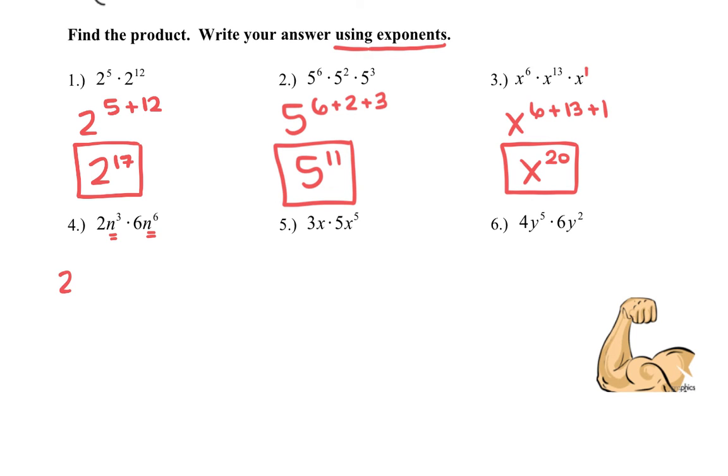So I am allowed to multiply the 2 and the 6, and then it is n to the 3 plus 6th power because I add the exponents. So this final answer would be 12n to the 9th power. Again, in this case, we're allowed to multiply 2 and 6 because they are not the base, which is why it is important to keep asking over and over again, what is the base?